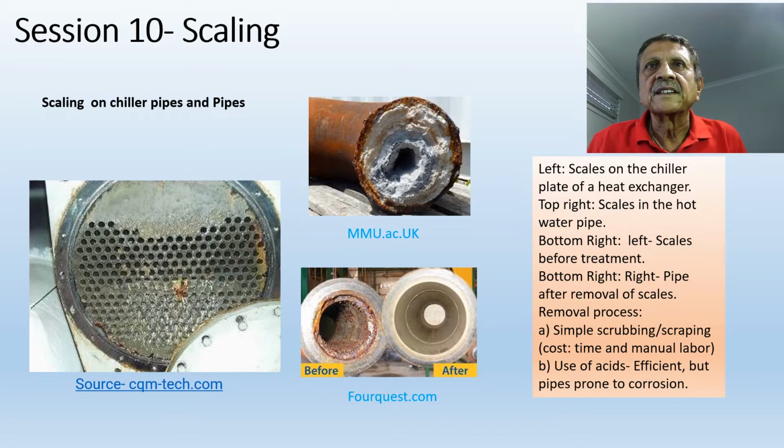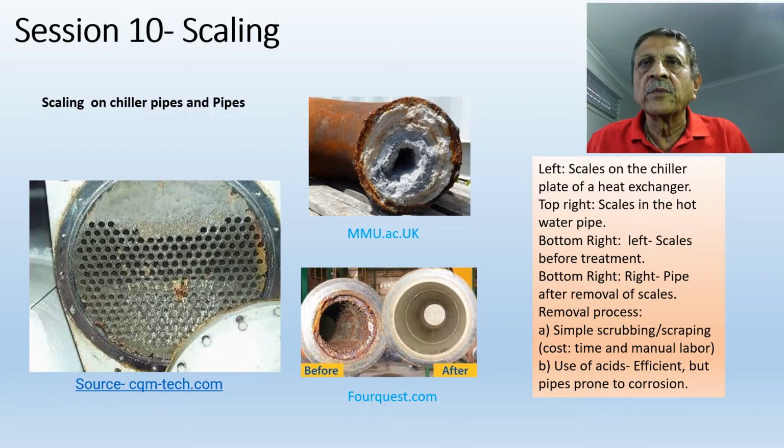This is actually the deposits over a period of time, and each time period is a layer. If you look at the picture at the bottom right, on the left you will find the scale deposits on the plate and on the sides of the pipe, and the pipe on the right is after cleaning.